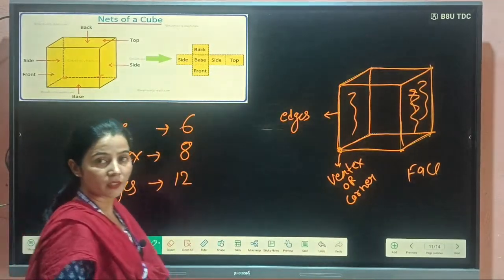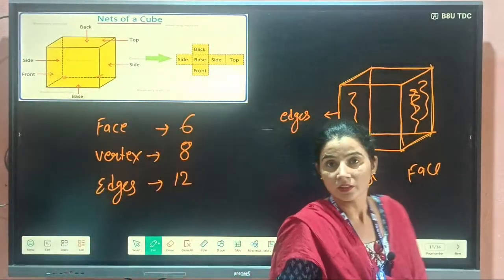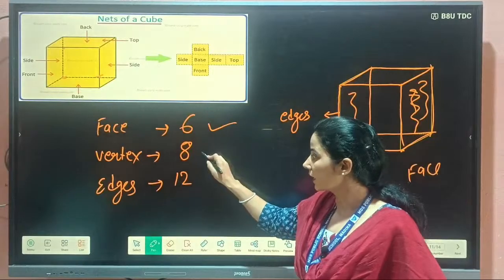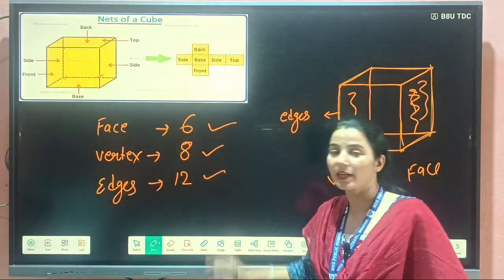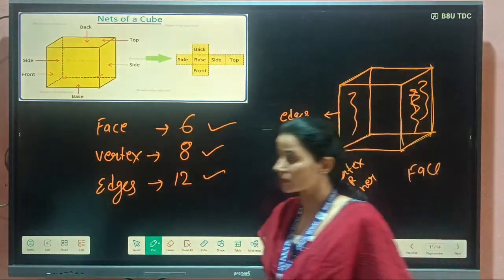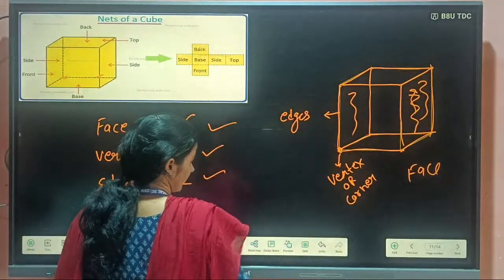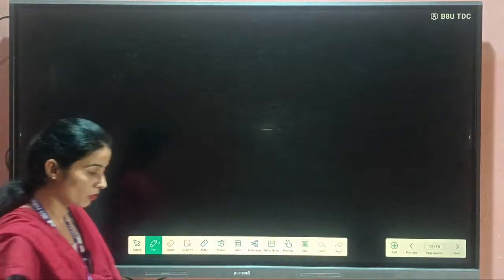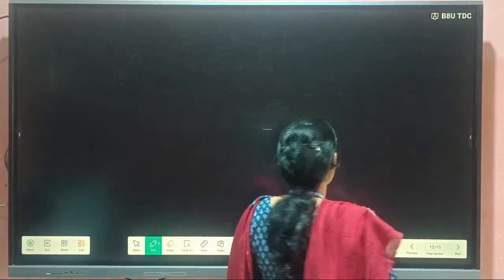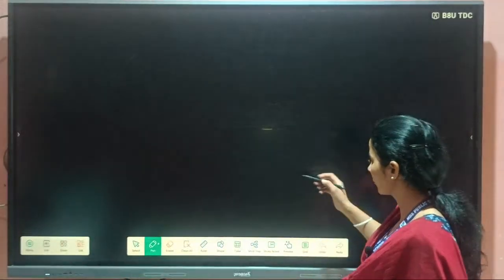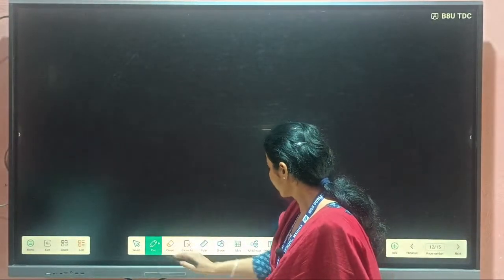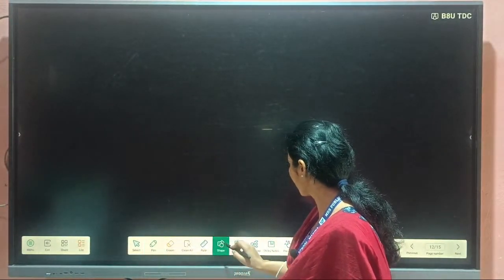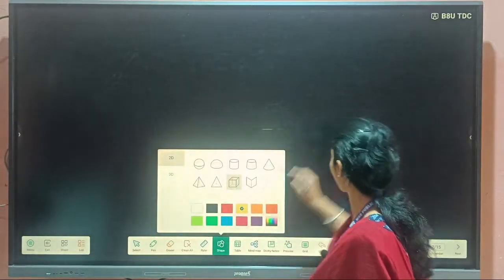So we conclude a cube contains 6 faces, 8 vertices and 12 edges. Now see, what will be its CSA or TSA? Let us see what CSA or TSA is. Draw the shape of this cube again.